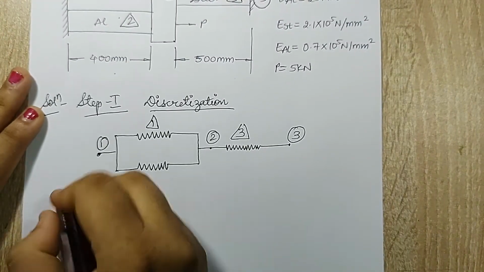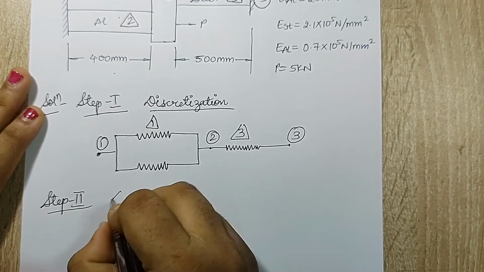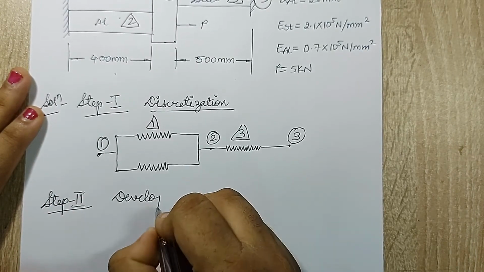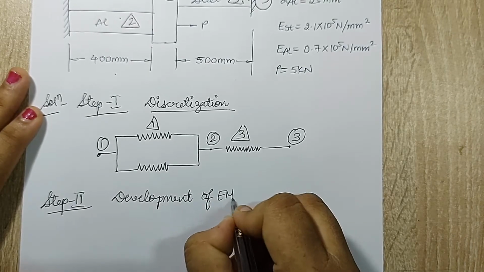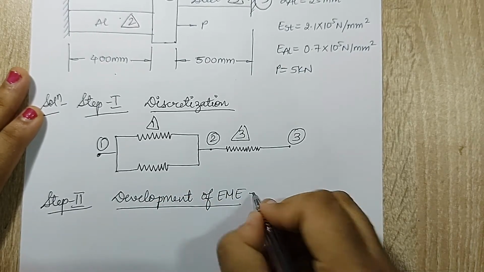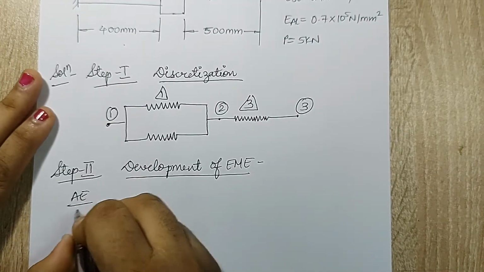Next I'll go for step 2, which is development of EME. My equation is the same, AE upon HE.